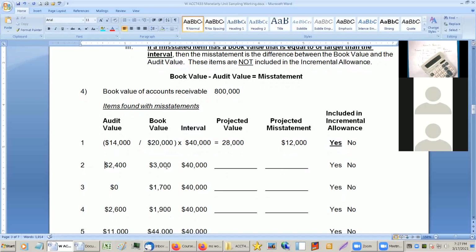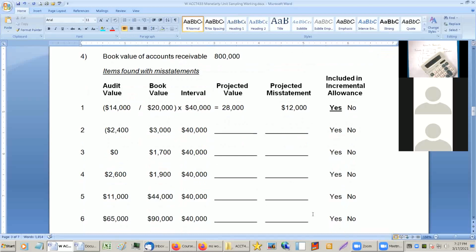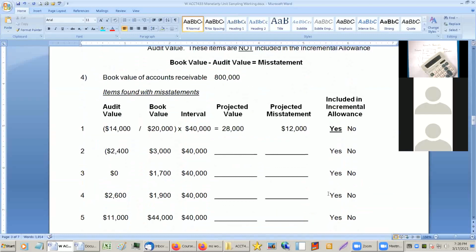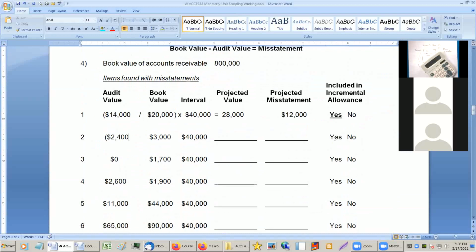Okay, coming down here. Are we supposed to know what this incremental allowance amount is, or are we just saying it's a yes or a no? Right now, we're just saying a yes or a no. The incremental allowance is a pain. We're going to learn how to do it, but right now it'll just be a yes or no. When I do show you, you'll wish I hadn't.